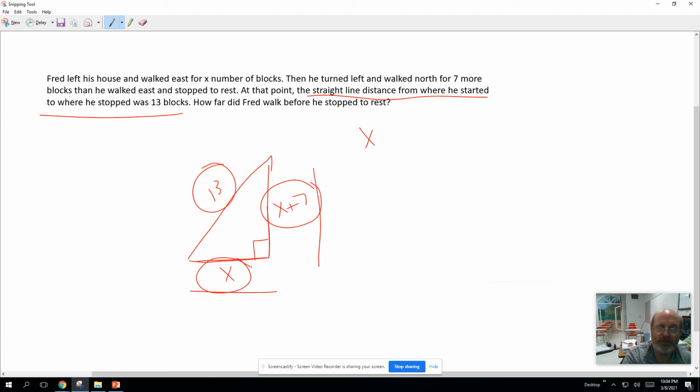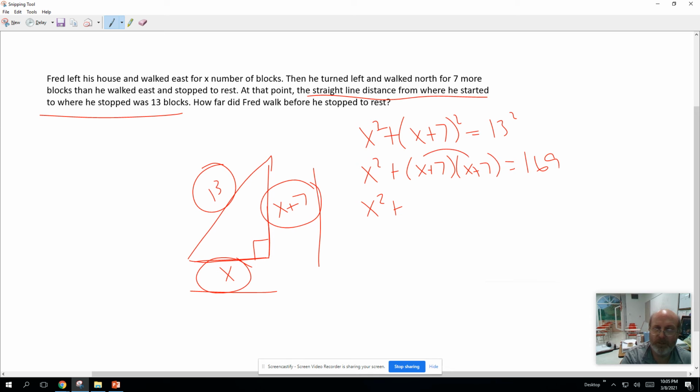And so we have x squared plus x plus 7 squared equals 13 squared. Well, x plus 7 squared is just x plus 7 times x plus 7. And 13 squared is 169. So this becomes x squared plus x squared plus 7x plus 7x makes 14x, and then plus 7 times 7 is 49.